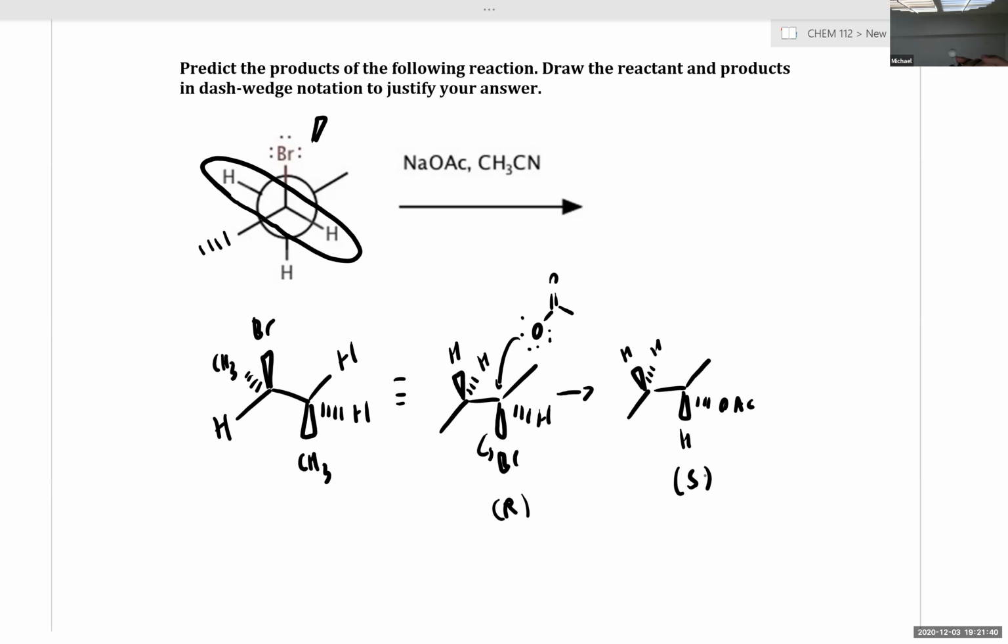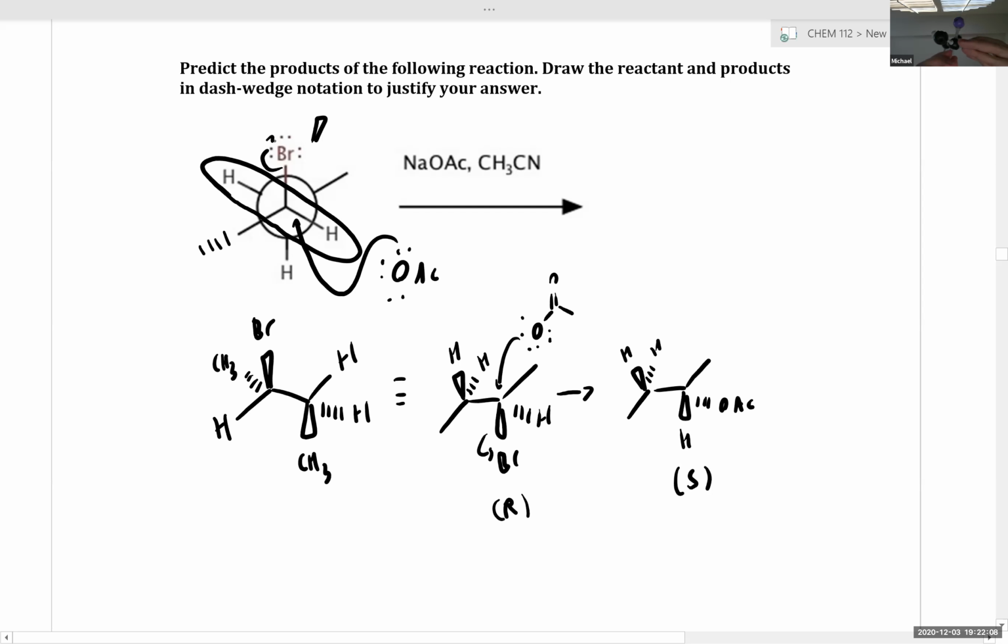Let's look at it from the Newman projection perspective, since that's sometimes also easier to see. Okay, so here's our initial Newman projection. And in this case, acetate is going to attack opposite to our leaving group, and we're going to kick out bromine.